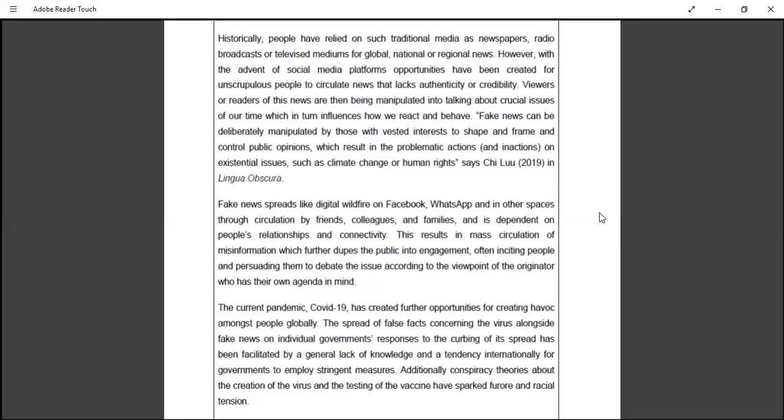The current pandemic, COVID-19, has created further opportunities for creating havoc amongst people globally. The spread of fake, facts concerning the virus, along fake news on individual governments' responses to the curbing of the spread has been facilitated by general lack of knowledge and a tendency intentionally for governments to employ stringent measures.